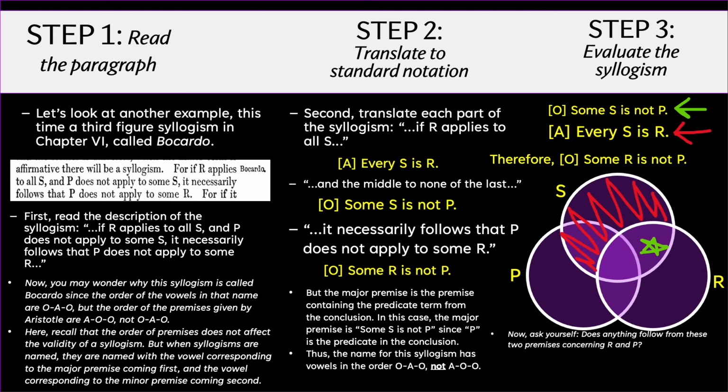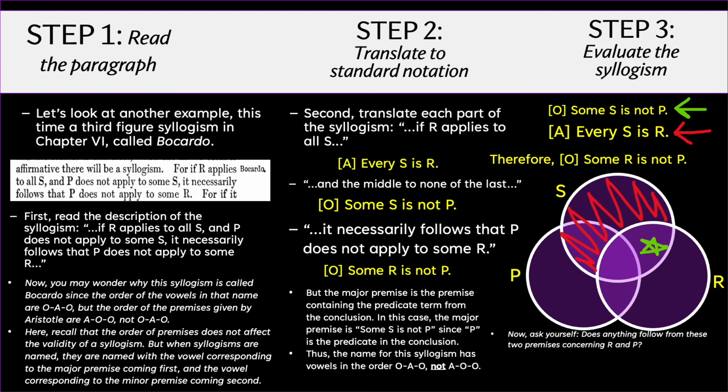Now ask yourself, does anything follow from these two premises concerning R and P? So again, we want to focus on R and P, and that's because these are the two terms that have only appeared once so far in our premises. So the middle term is the term that appears twice in the premises. The major and minor term, however, only appear once in the premises.